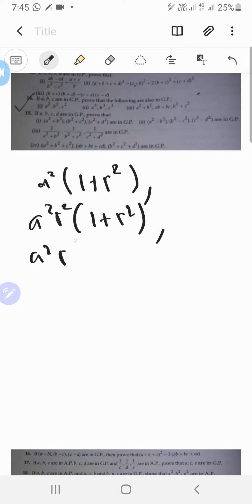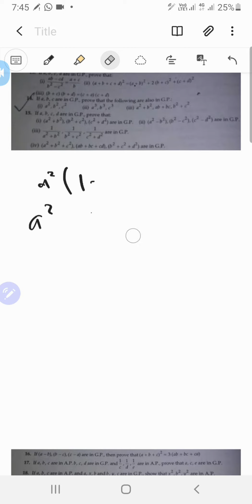Then b squared plus c squared is going to be a squared r squared into 1 plus r squared. Okay, c squared plus d squared is going to be a squared r to the 4th power, and then 1 plus r squared. So yes, just go up by r squared every time.